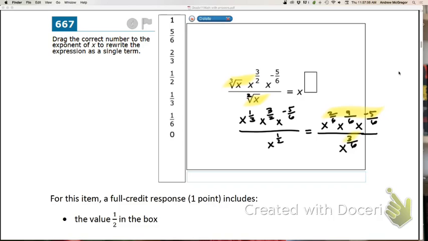x to the 11 minus 5 is 6, right? So x to the 6/6 over x to the 3/6. And then you can think of it this way conceptually. I have 6 on top and 3 on the bottom. How many do I have left? 3.